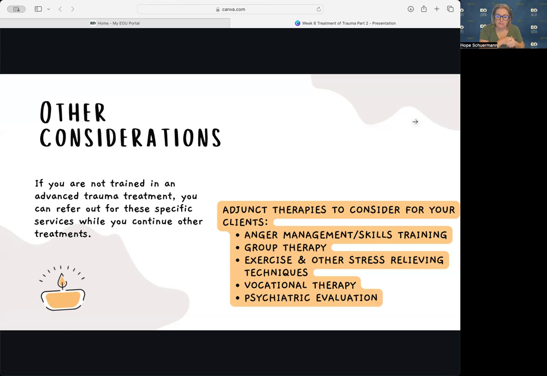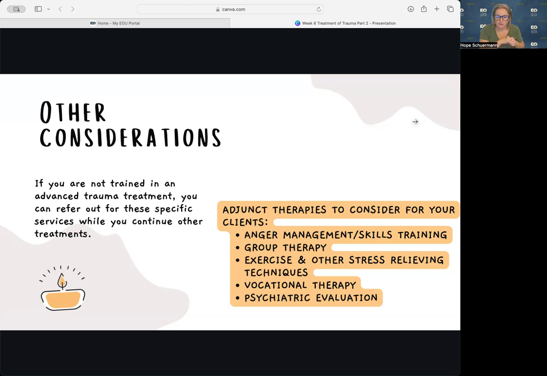You could offer this as an adjunct to your individual sessions, or you could have another counselor that you refer out to for group therapy. Typically, and you'll learn this when you have your group therapy course, we move into group after the bulk of the individual work has been done, unless there's some very specific reason why you think a person would benefit from group and individual concurrently.